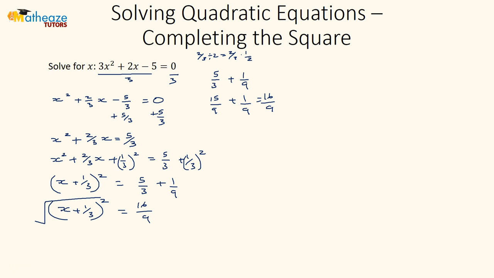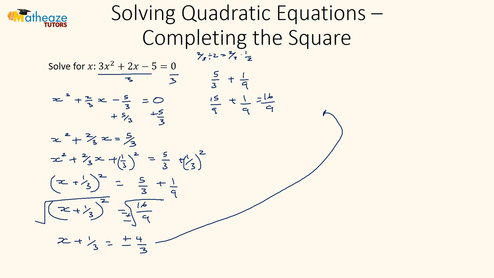So we find the square root here, and then we find the positive, negative square root here. So we have x plus 1 over 3 equal to plus minus 4 over 3. So we now have x plus 1 over 3 equal to 4 over 3. We also have x plus 1 over 3 equal to negative 4 over 3.